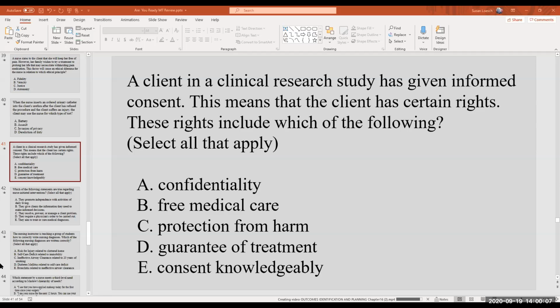So we're talking about clients' rights in a clinical research study. Wouldn't it be A too? Confidentiality? Once you give consent, some things may be released.